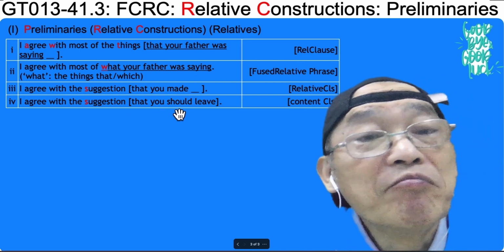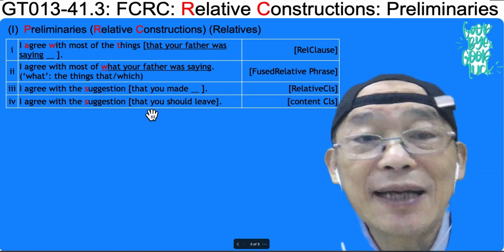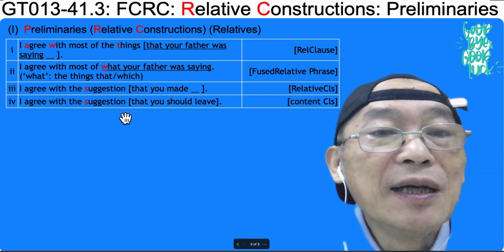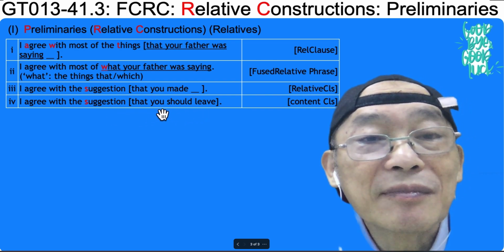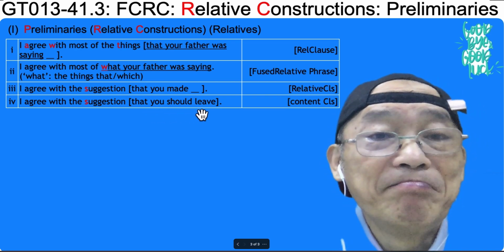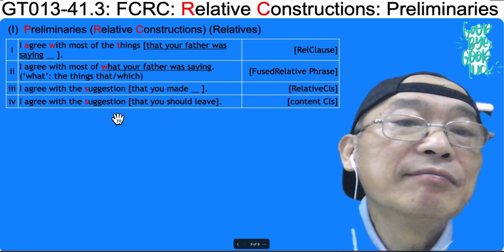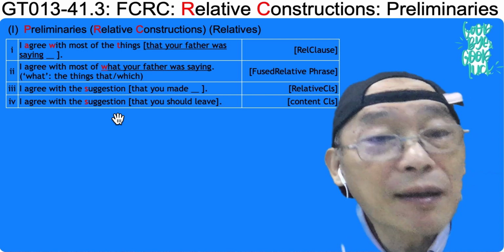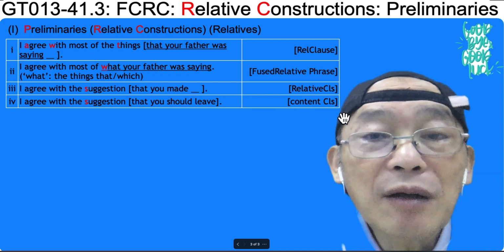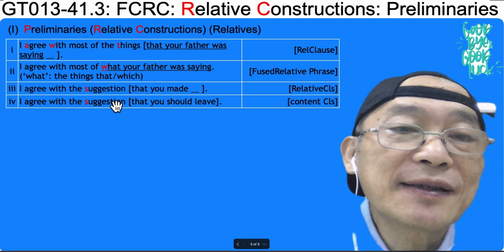It gives the content of this noun. So that's a content clause. And in the other case, it's a relative clause modifying this noun.